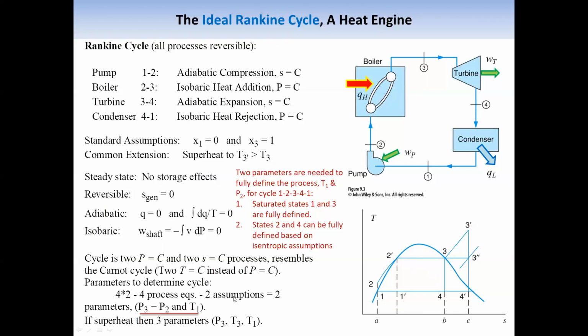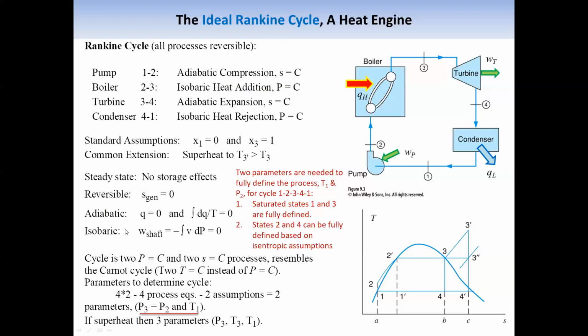We already know this process is assumed to be in the steady state. It's reversible, so there's no entropy generation. 2 of the segments, the pump and the turbine, are operated in adiabatic conditions, so Q equals 0.